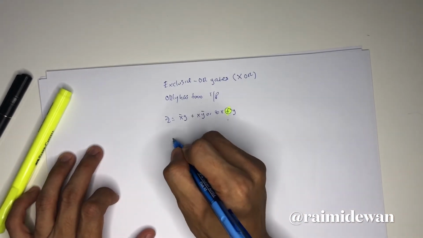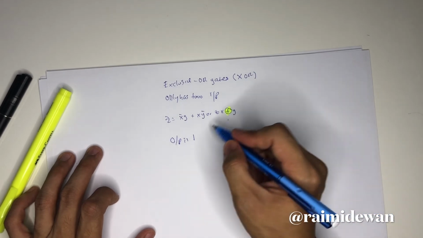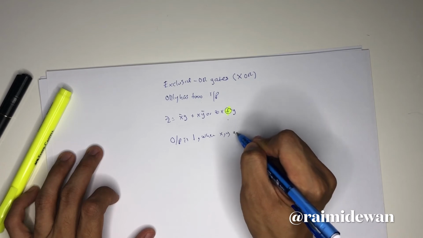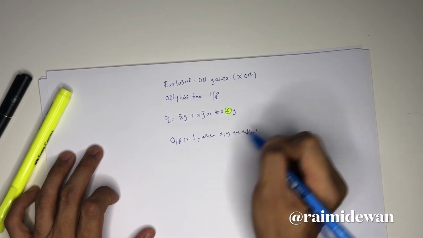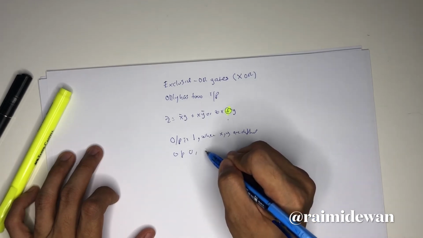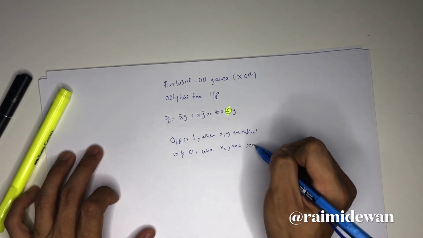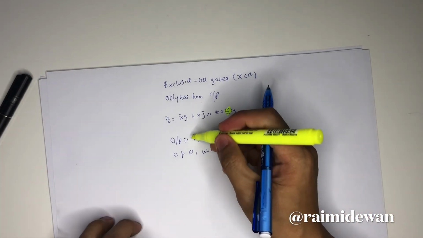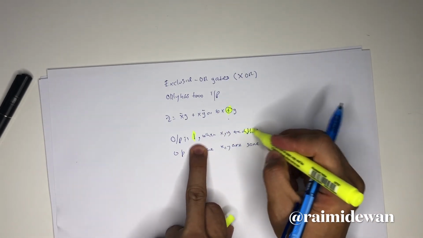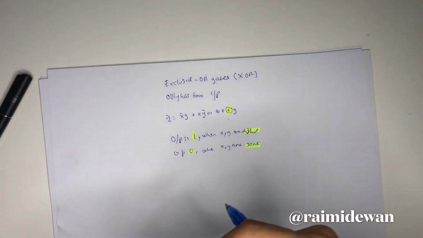So the output for this case is 1 when X, Y are different. The output is 0 when X, Y are the same. Output is 1 when X and Y are different, and output is 0 when X, Y are the same. So simple.